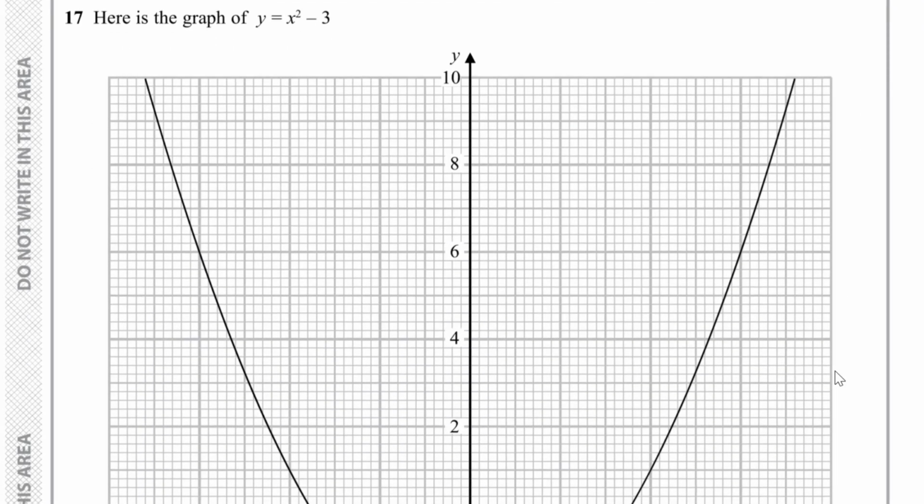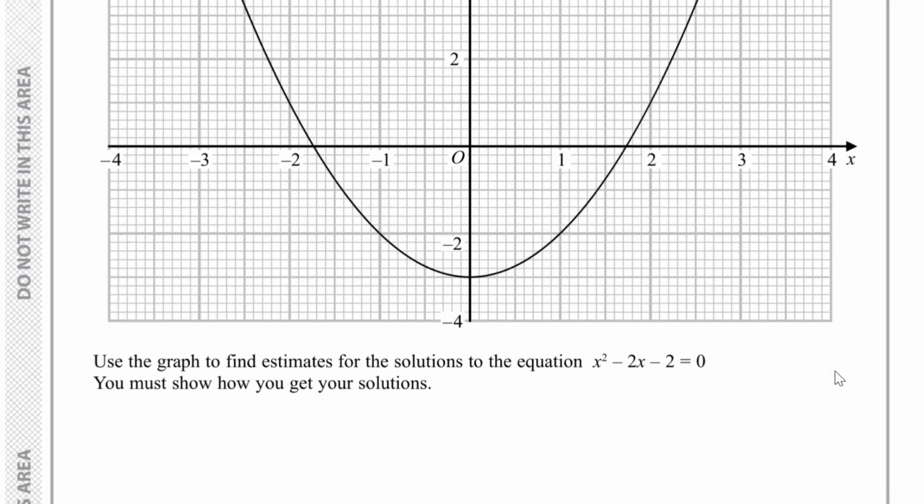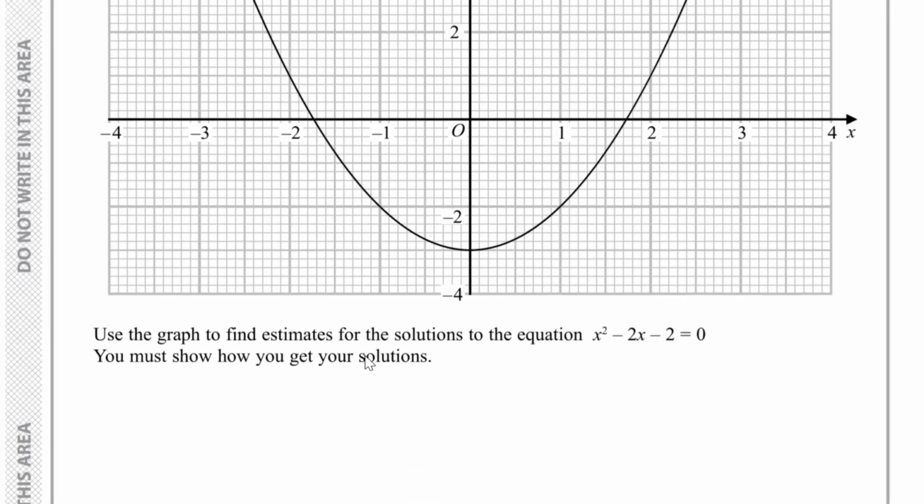Question 17, we've got the graph of y equals x squared minus 3, and we have to use the graph to find estimates for the solutions to the equation x squared minus 2x minus 2 equals 0.